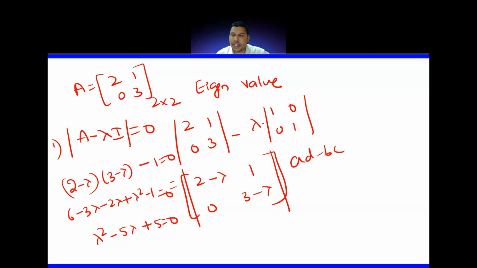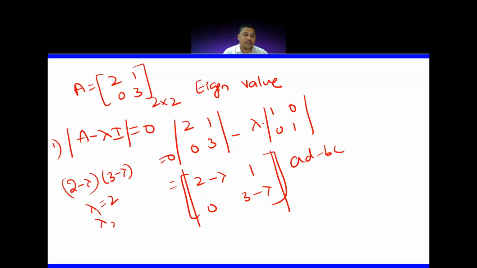I made some mistake here. Yes, this is 0, correct. Sorry. So this changes here. I then need not calculate this full equation; we get the eigenvalues directly. So lambda 1 equal to 2, lambda 2 equal to 3.